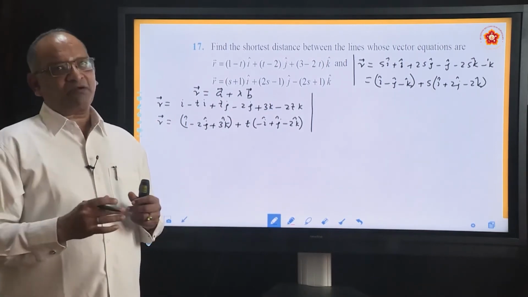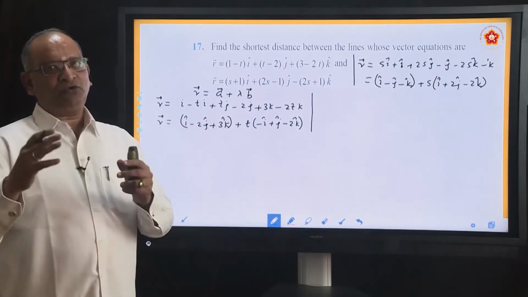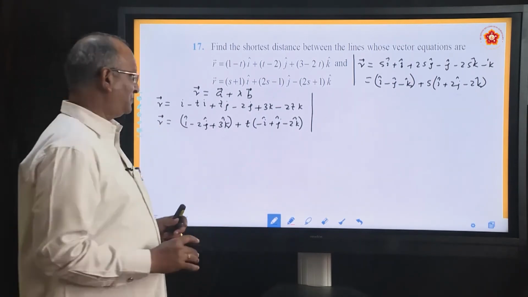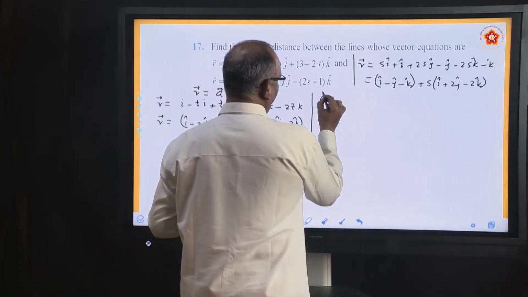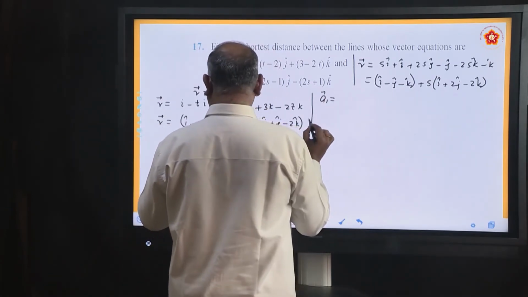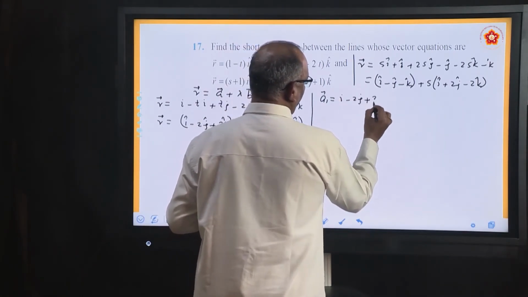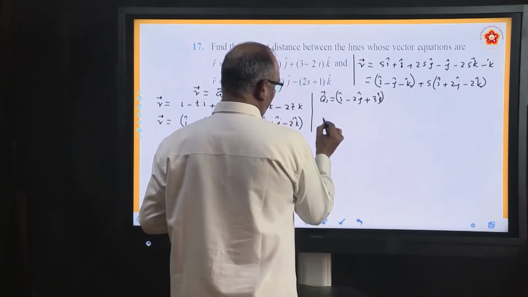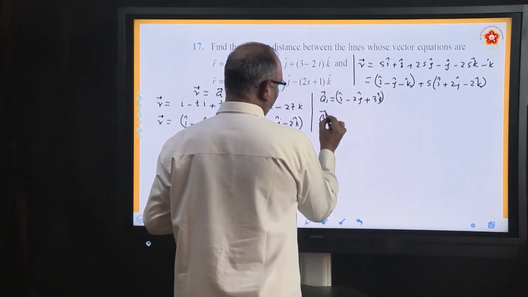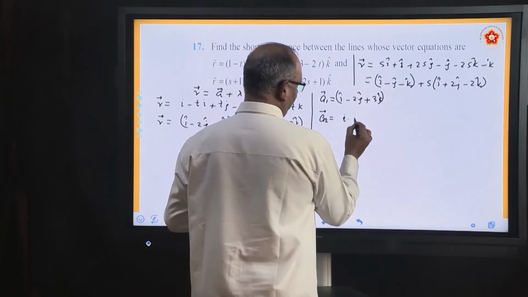Once you know they have come to standard form, identify what is A1, what is A2, what is B1, what is B2. So we will say here A1 is equal to i minus 2j plus 3k. A2 we get from the second equation: i minus j minus k.